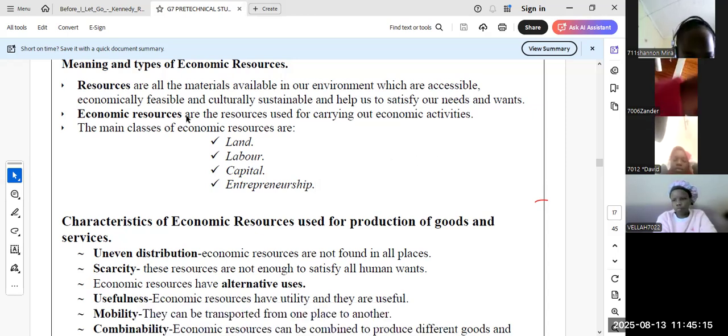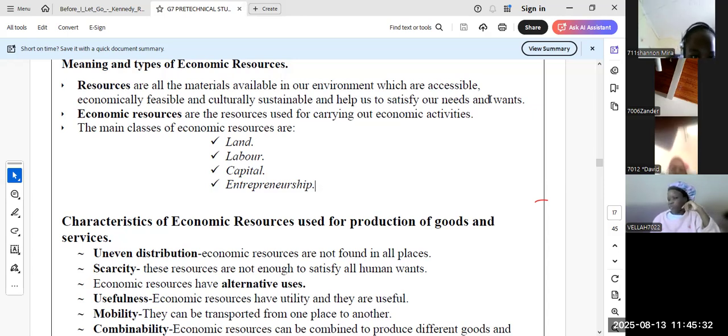Good. Ari, I can see your hand. You want to add something? Yes, some pieces of land have minerals. Yeah, some pieces of land have mineral resources and therefore they can be used for mining. Good. Any other use of land?